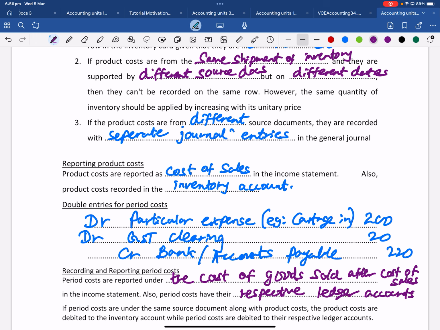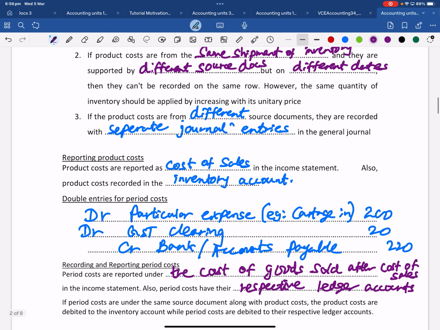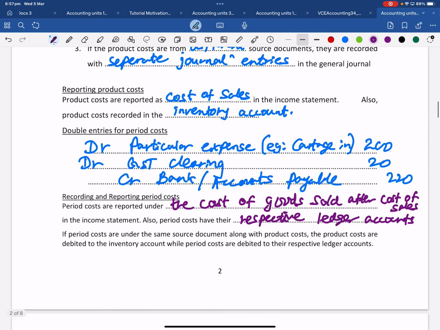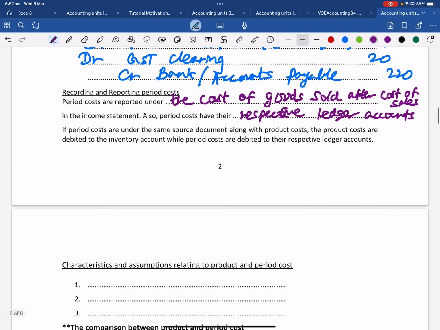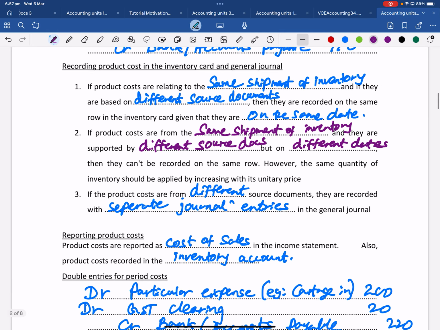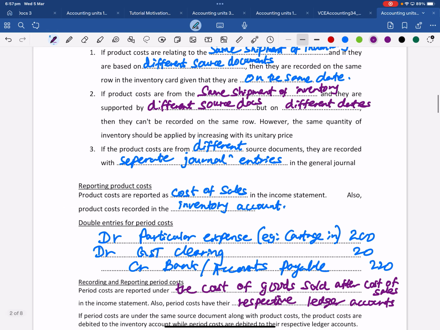Respective. Okay. If you are done writing, guys, please read it.